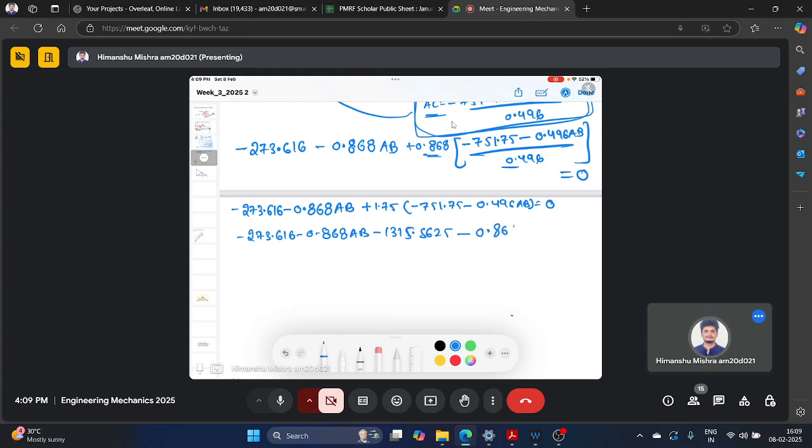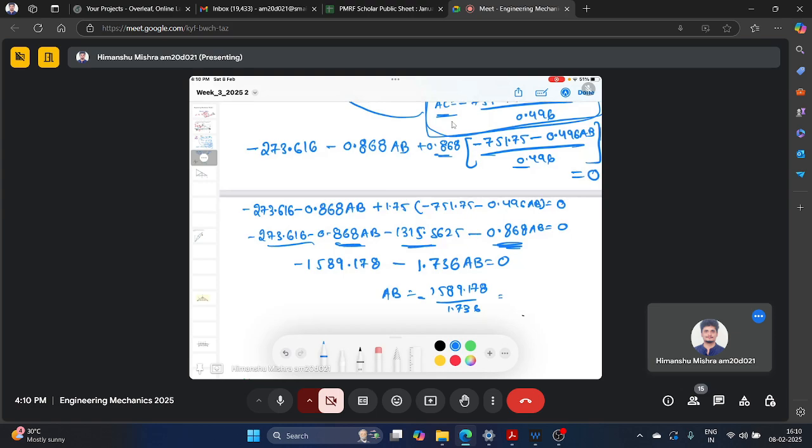This will be 0.868 AB equals 0. So this and this will be minus 1589.178, and we can club this with this. It will be 1.736 AB equals 0.